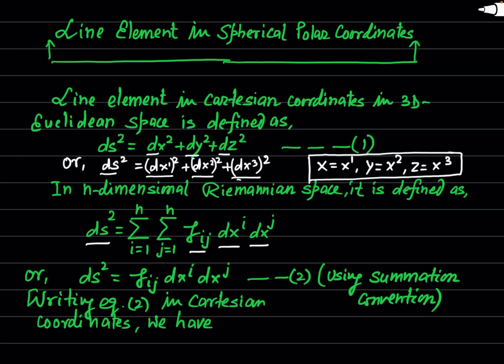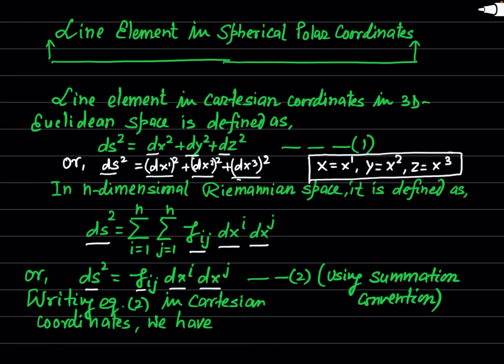In fact, if you use the Einstein summation convention, then there is no need to write the sign of summation. It is obvious that the summation is implied for the repeated index. So without writing the sign of summation, using the summation convention, you can also write this expression in this manner: ds square equals gij times dxi times dxj.